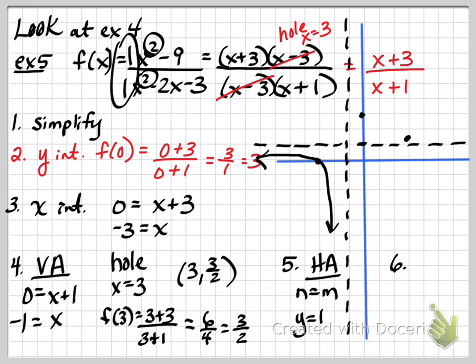Oh, whoops. 3, 3 was a hole, not a solid point. Draw that as a hole. So when you graph through a hole, you do like this, and you have to pick up your pencil because that's discontinuous, just like the asymptote. The hole is a point of discontinuity. So there's your graph.